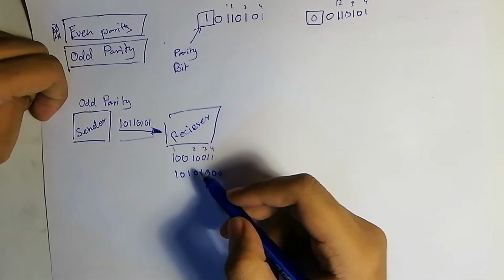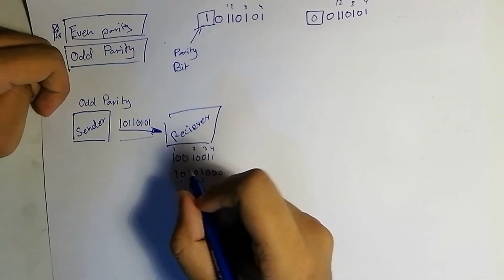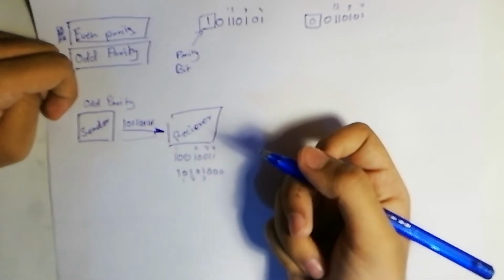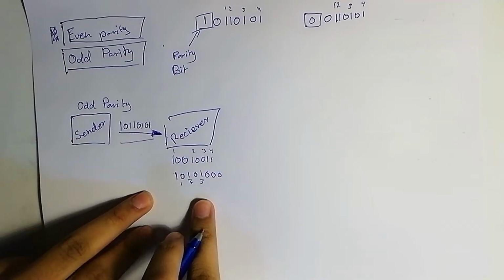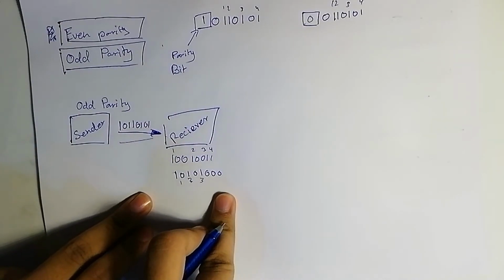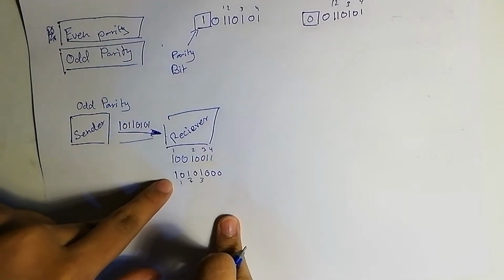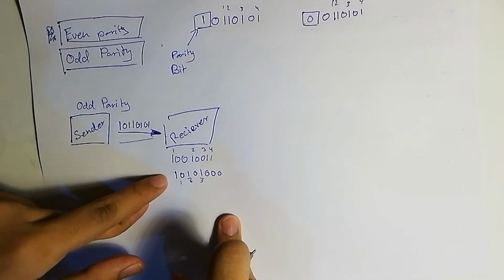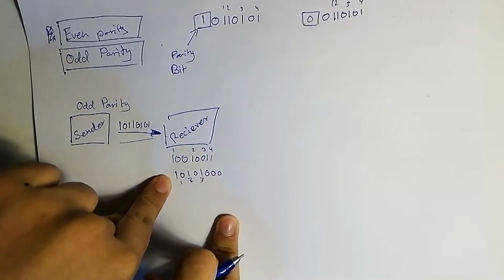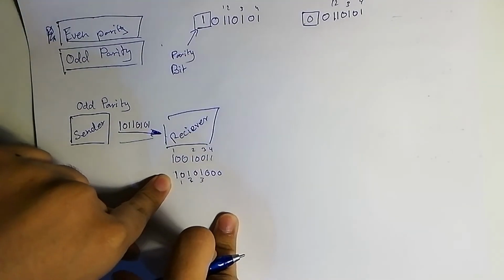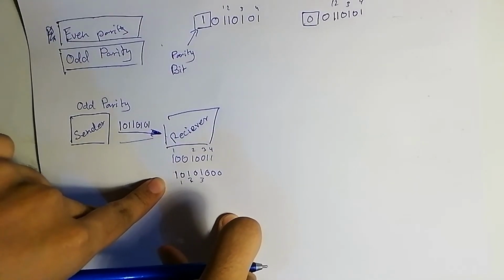Where are two of the ones gone? There's only 3 ones now. See, 1 2 3. Well, according to odd parity, it's still correct, because there's still an odd number of ones. So that's one of the faults of parity check, which is that there might be a lesser amount of ones or a greater amount of ones, but it still stays true to the parity rule, which is odd or even.